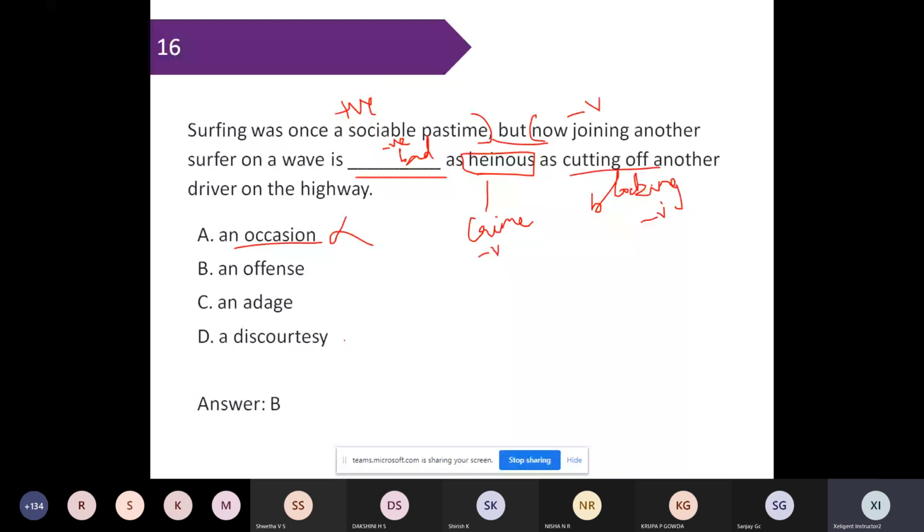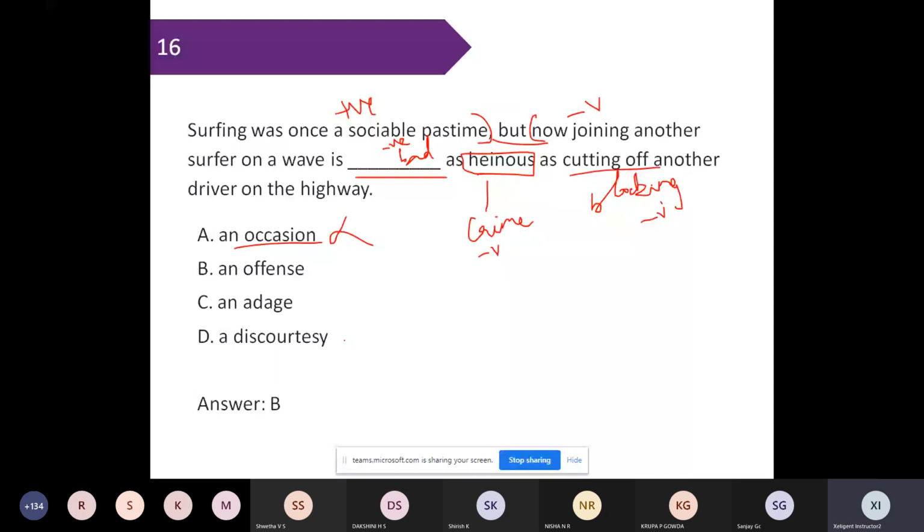That can be considered as one of the meanings. Your behavior is not pleasing, but offense is considered more than that. The intensity of the word is more than discourtesy. Okay, so it's like crime. That is offense. So offense is the correct answer. Yes, illegal. Question number 17.